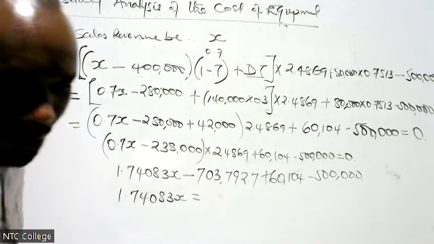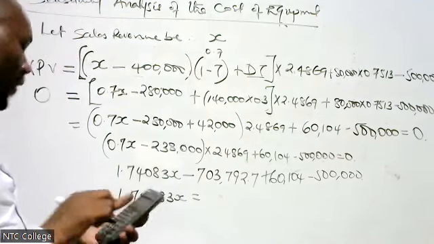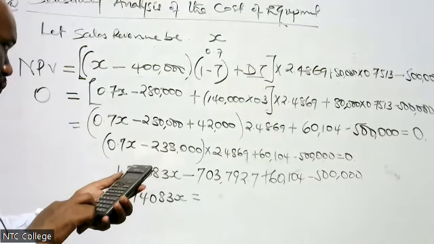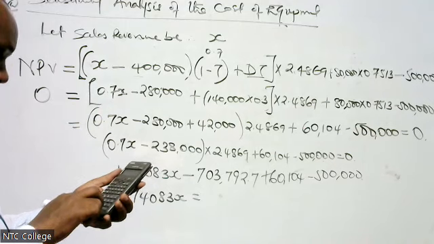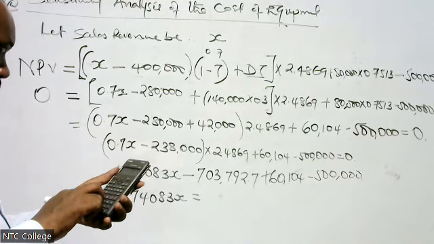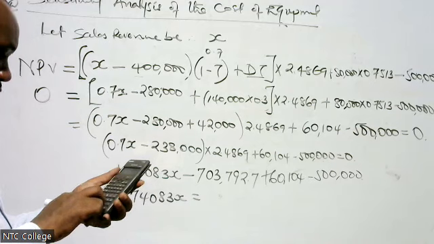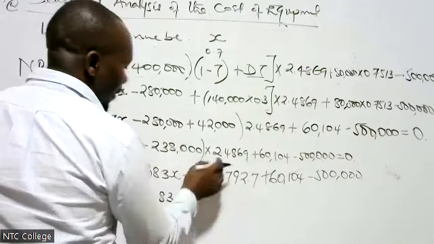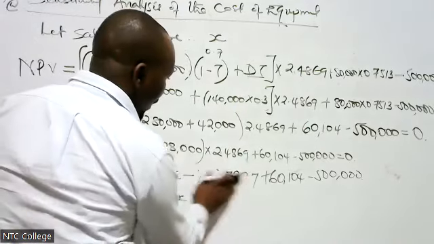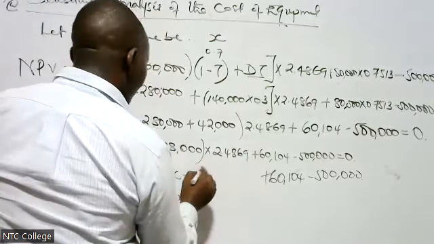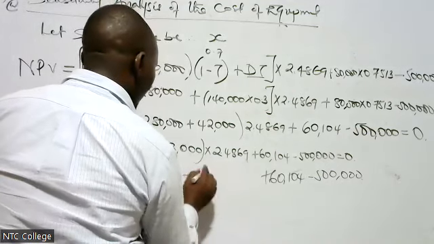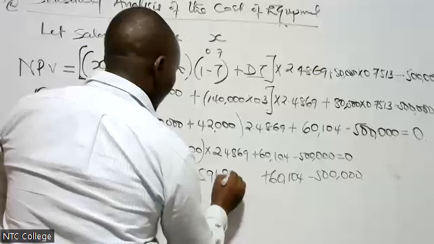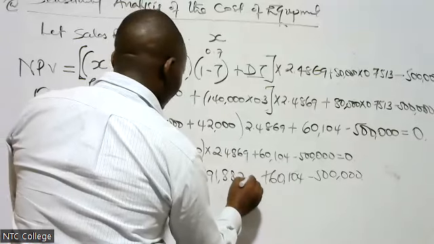Thank you. So you are saying that I need to repeat and say 238,000 times 2.4869. So now, thank you so much. Just that. So that I just change this one. So we have 591, 8, 8, 2.